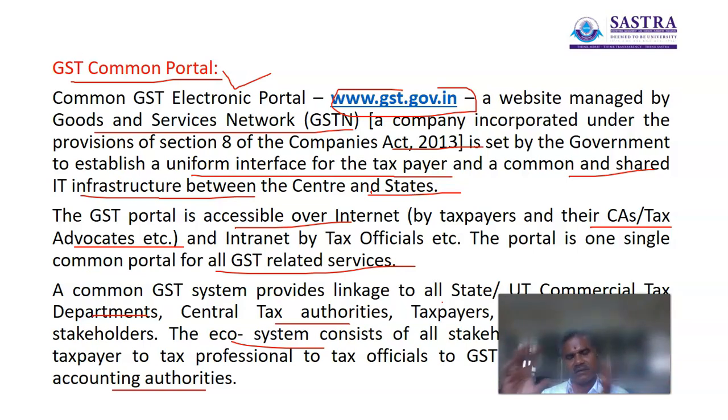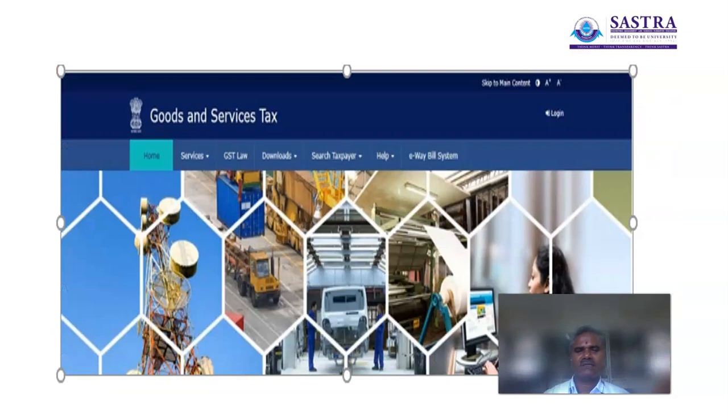The government will send all links and will provide infrastructure facility to the taxing authority, administrative people. This is what you will be able to see in the system. Once you complete the registration process, this page will come.